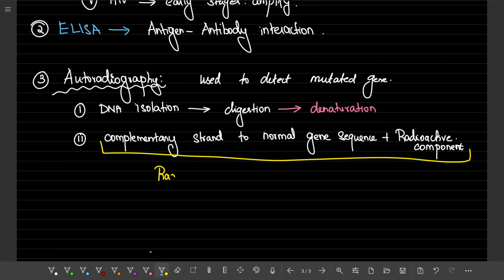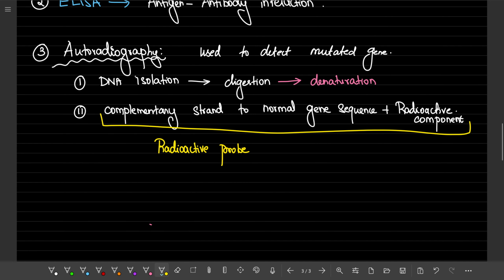So a radioactive component is going to be attached. This whole thing is called the radioactive probe. A probe is usually a single stranded DNA complementary to whichever gene we want to identify. That is all.